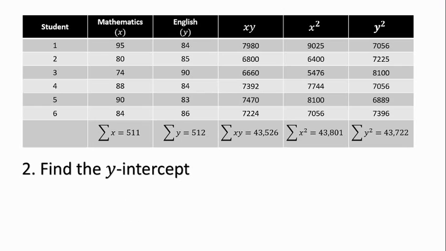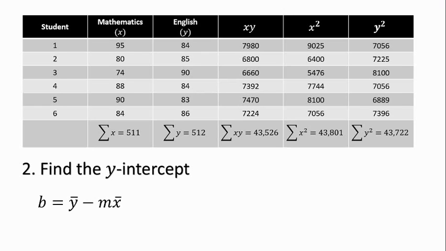Next is the y-intercept, and we use this formula. Y bar is the average of the y values, or 512 over 6. M is the slope from the first step, and x bar is the average of the x values of 511 over 6.